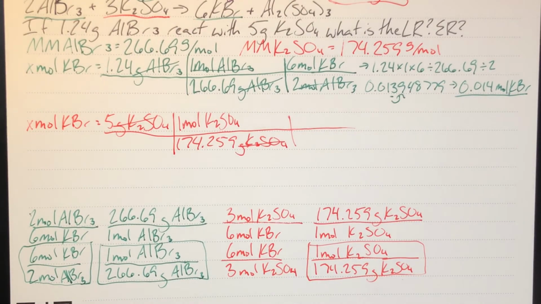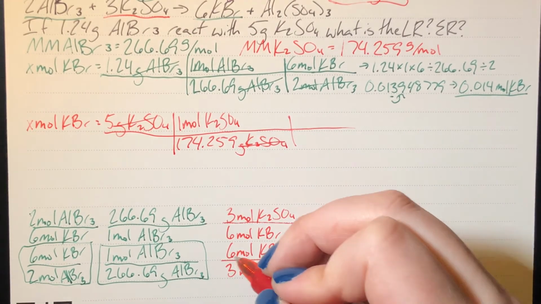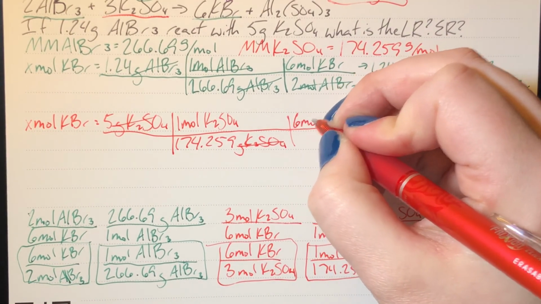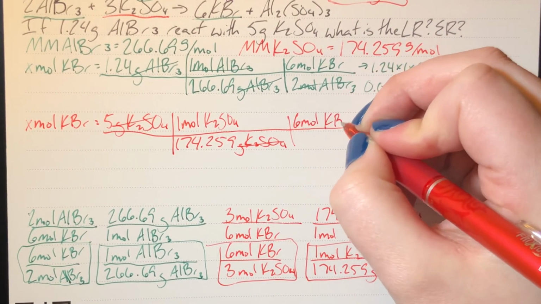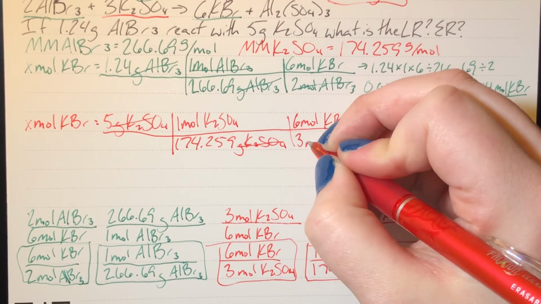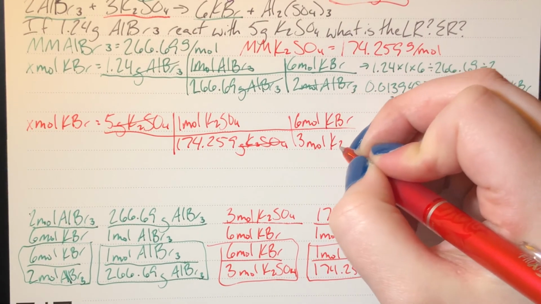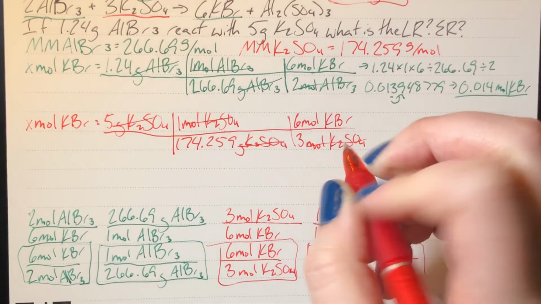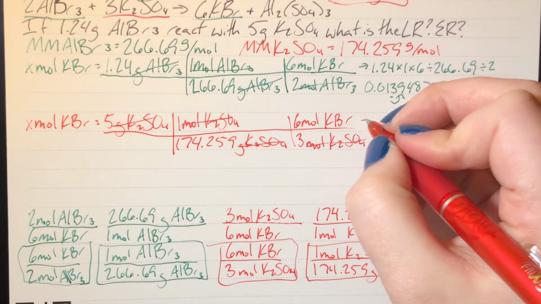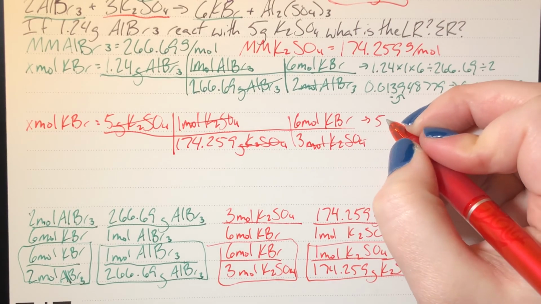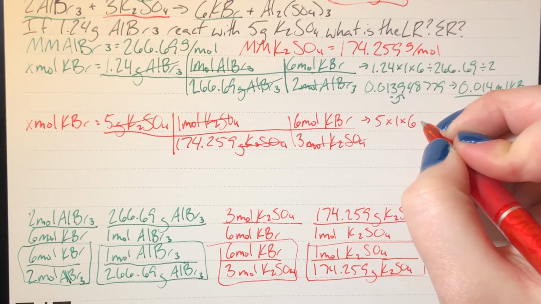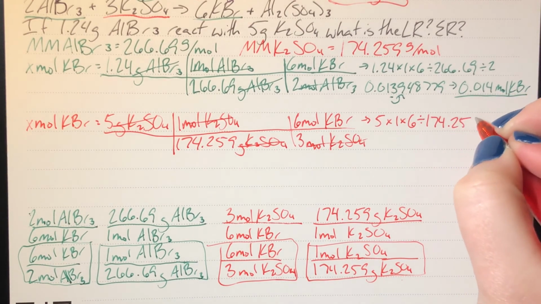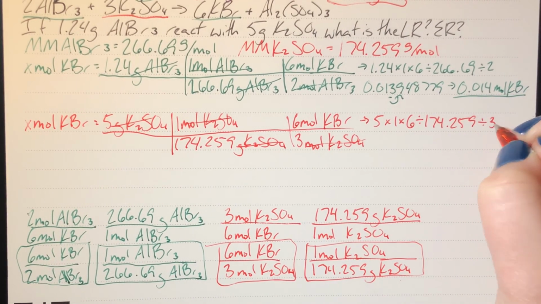I want out of potassium sulfate and into potassium bromide. Moles of potassium sulfate cancel, leaving me with moles of potassium bromide, which is something that I said that I wanted. So that will look like 5 times 1 times 6 divided by 174.259 and 3.